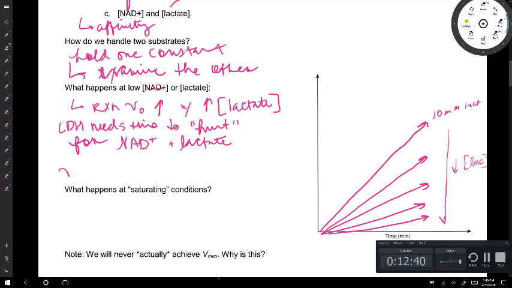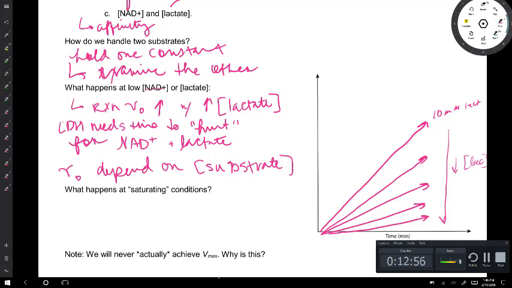So at low concentrations of lactate, the velocity is going to depend on the substrate concentration. The velocity is going to increase with increasing concentration, or decrease with decreasing lactate concentration.